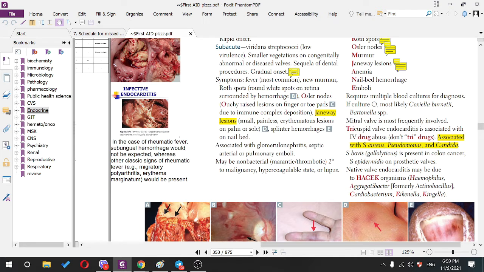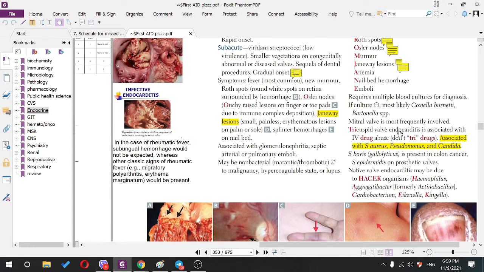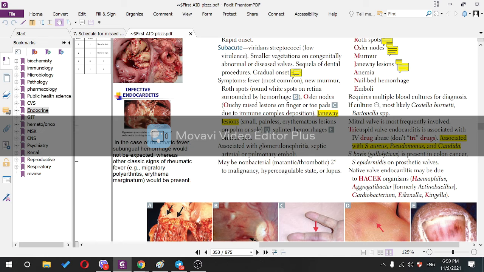So, mitral valve is most frequently involved in the heart, and the tricuspid valve is most likely to be associated with IV drug abuse, because we said that. When someone injects IV drugs inside of his veins, the first valve to be hit is the tricuspid valve.